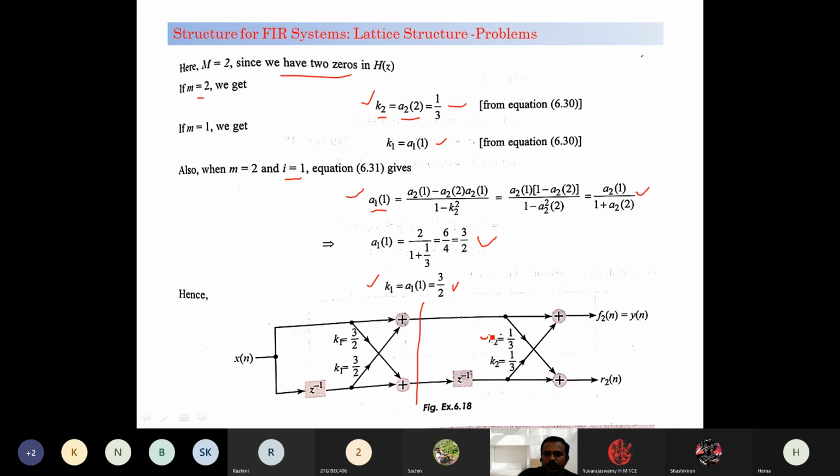Here K2 is 1 by 3 and 1 by 3 for both cross-connected lines. Finally we get y of n for the second stage, f2 of n, and another lower channel r2 of n. The main concentration is the upper channel output. So this is the method how we can design the lattice structure.